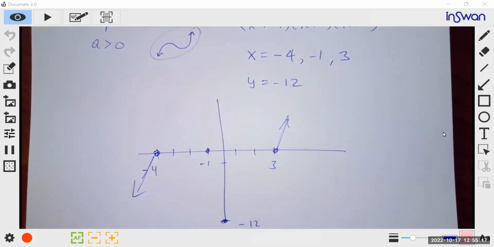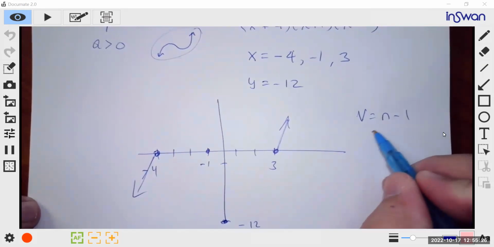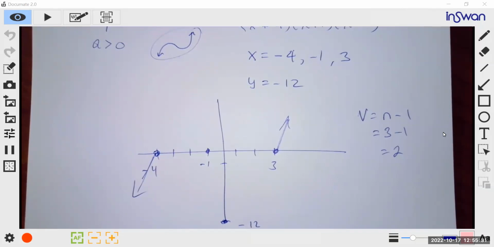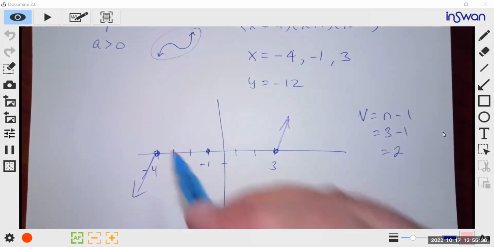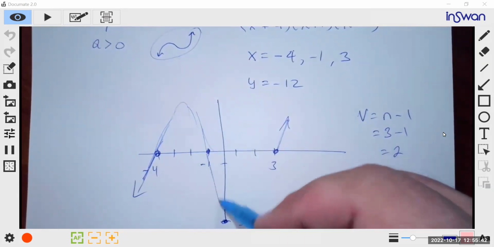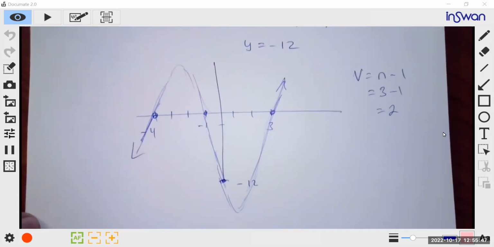How many vertices can we have? 2 vertices, because the number of vertices is n minus 1. The degree is 3, so we'll have 2 vertices. So it has to cross through there, cross through there, cross that one, and go up like that. So there's a rough shape of the graph we have.